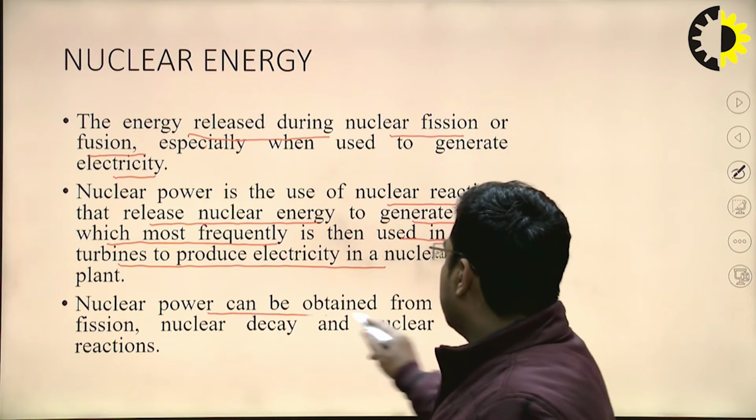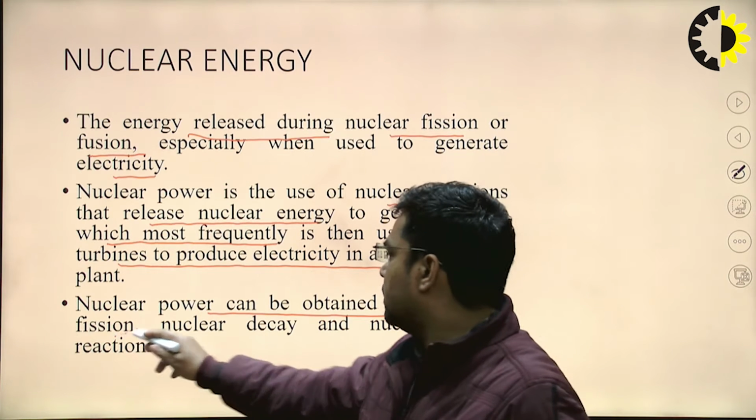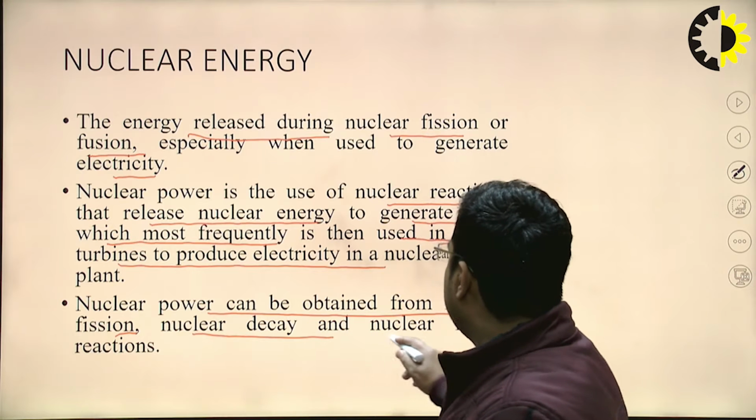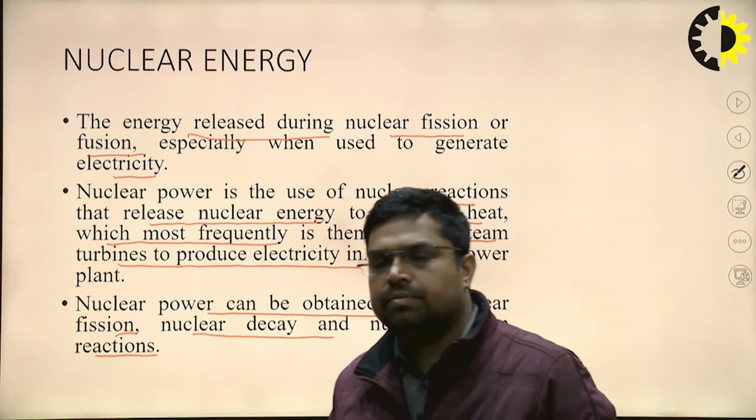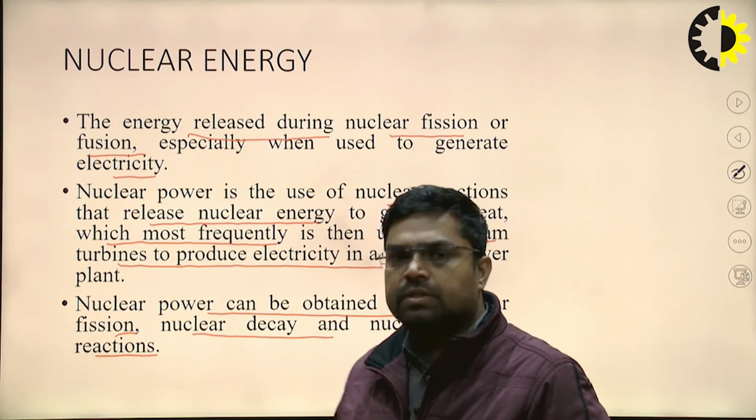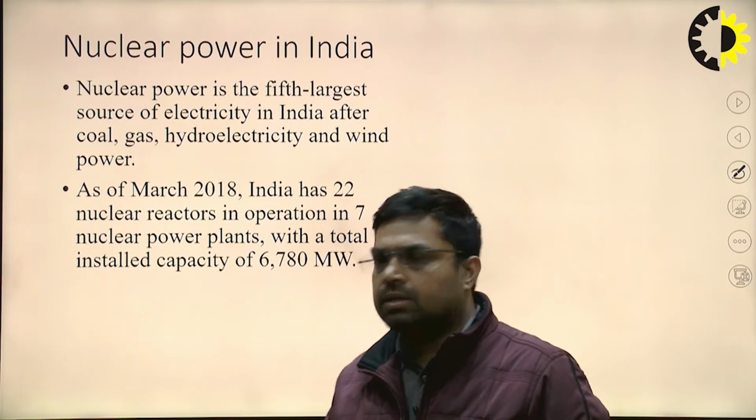Nuclear power can be obtained from nuclear fission or nuclear decay, and from nuclear fusion reactions. I will discuss the fission reactions in a later slide.